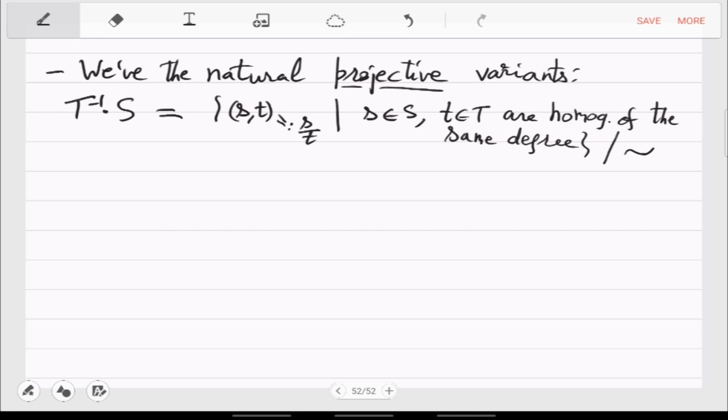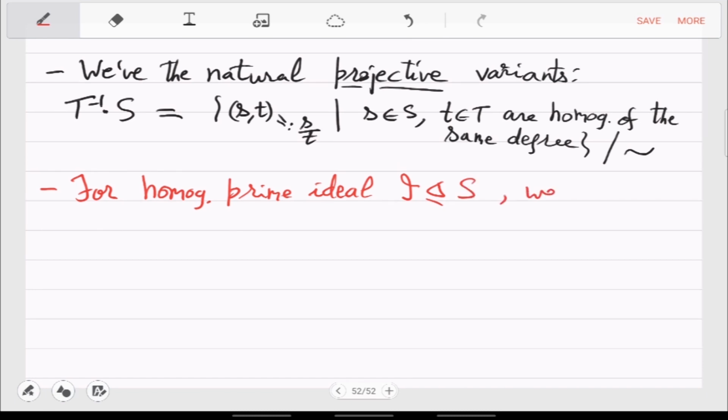So it is just a modification to the homogeneous condition, and similarly we can define, for a homogeneous prime ideal P or I of S, the localization S_I, which is a special case of the thing above.